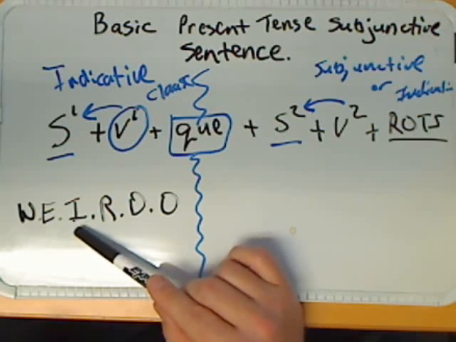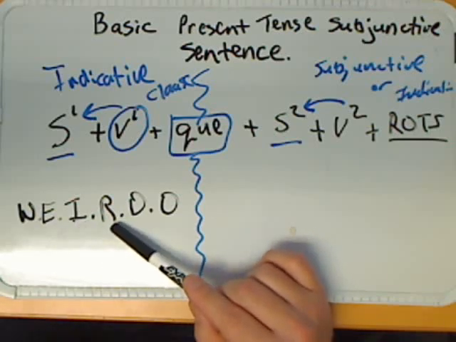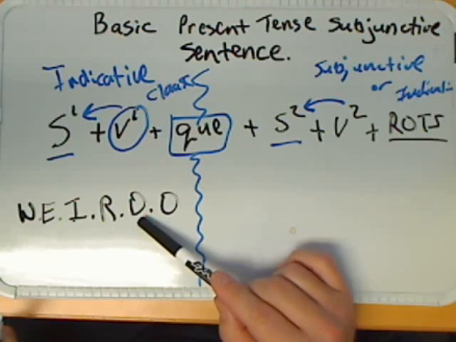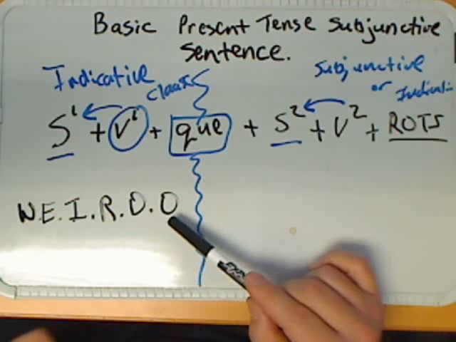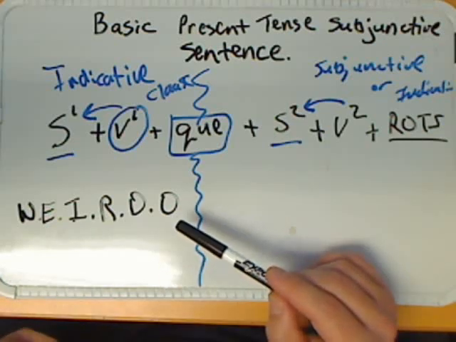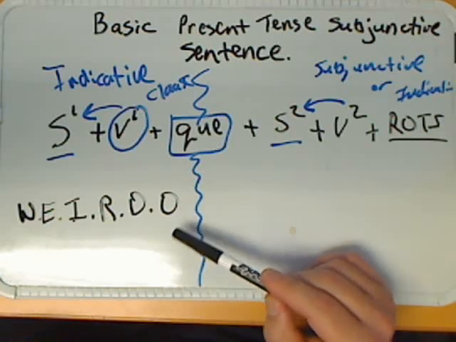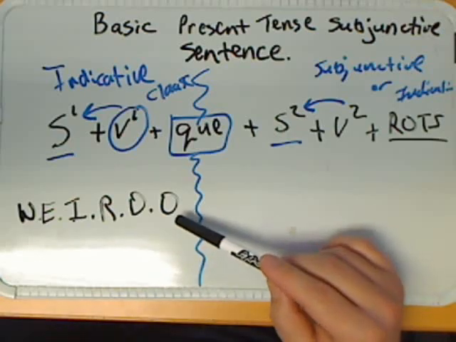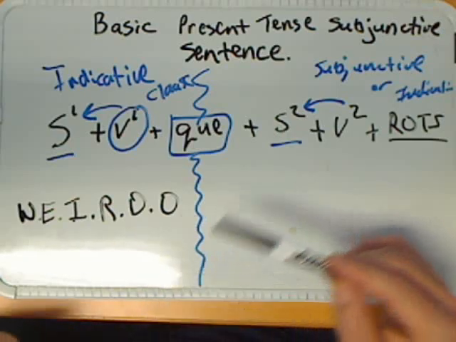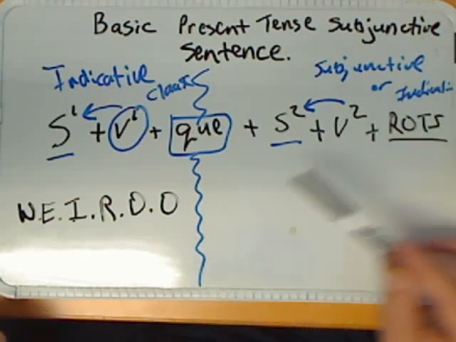The R is for recommendations, the D for doubts and denials, and the O is for the Spanish expression ojalá. Ojalá is an Arabic word that has come into Spanish and literally means if God wishes it. However, to remember it, it now means mostly hopefully.